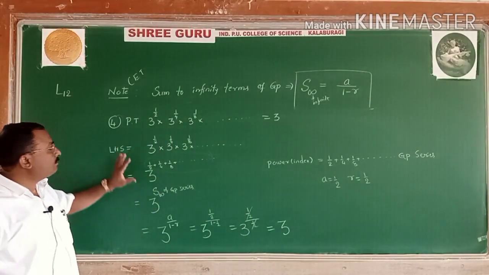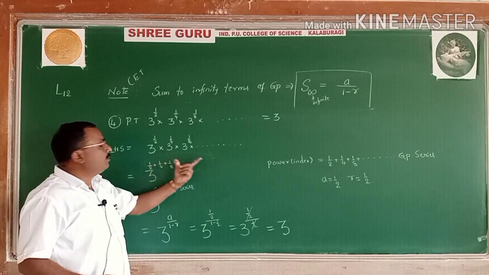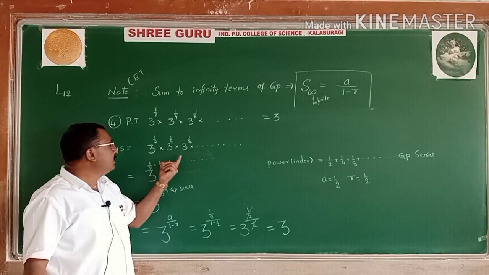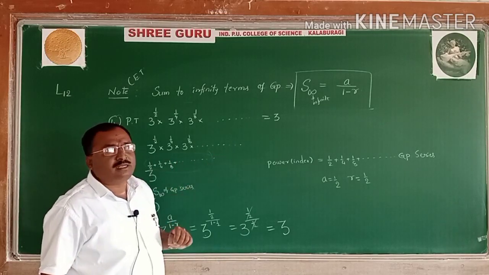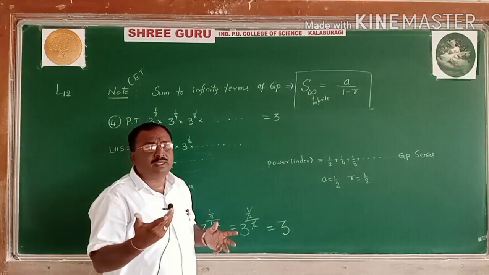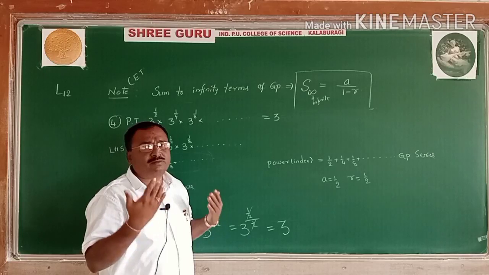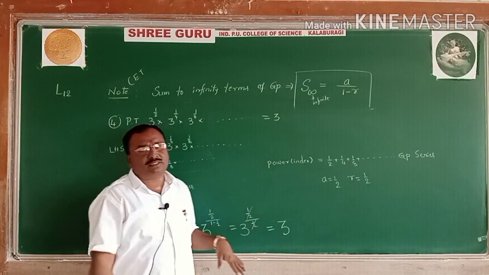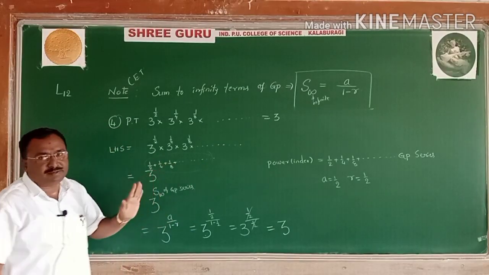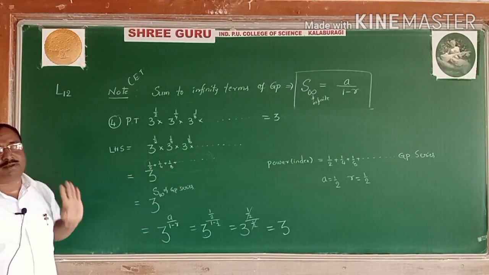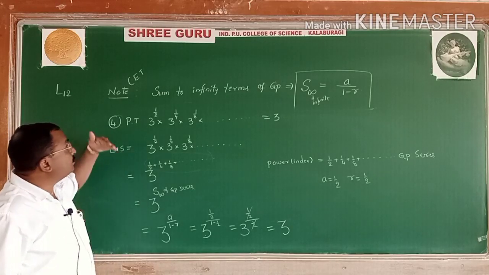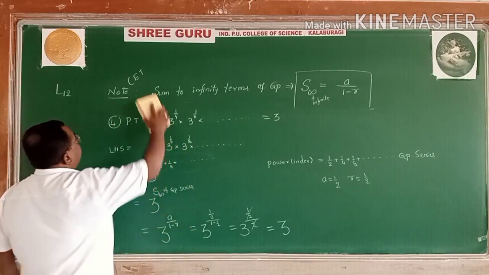Any doubt? In sequences and series, A and R are the main important things to find out. Understood? This is what sum to infinity helps with.